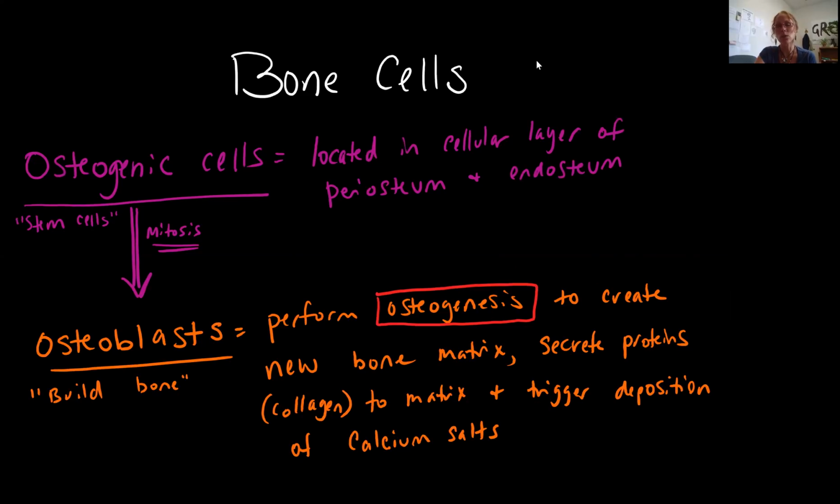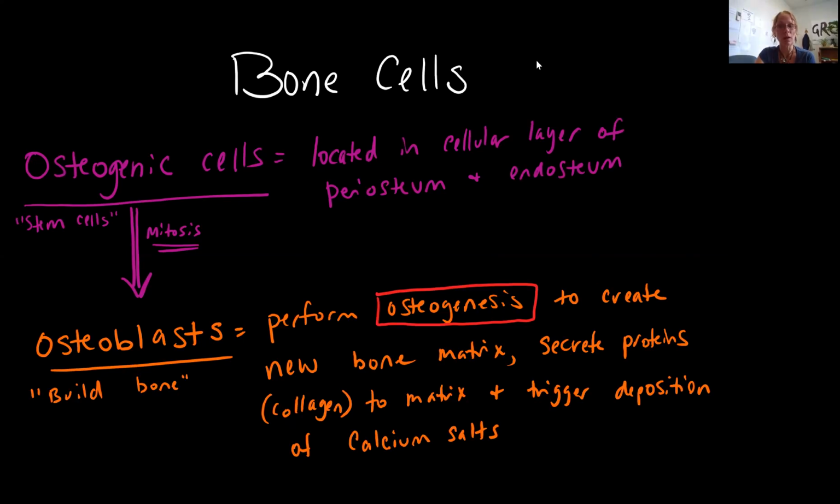So that really means the formation of new bone. So these are the cells that are actually laying down that bony matrix, secreting the proteins, which would be the collagen fibers, and also triggering the deposition of those calcium salts. So that's the calcium phosphate and the hydroxyapatite crystals. So they are the cells that are producing that bony matrix.